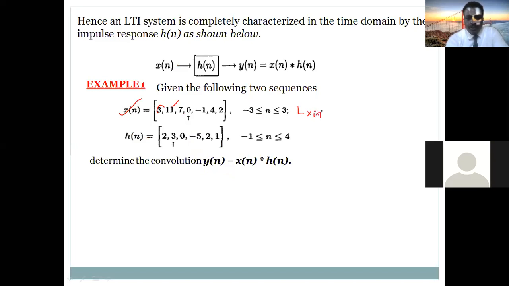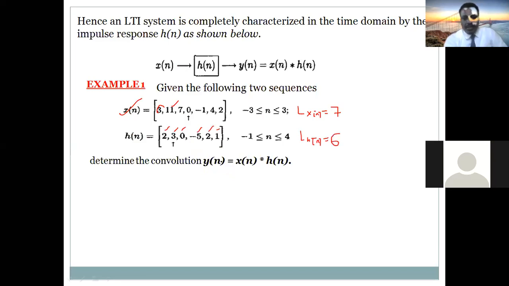How much? 1, 2, 3, 4, 5, 6, 7 samples. Right? What is the length of h? Length of impulse response in this case. 1, 2, 3, 4, 5, and 6 samples.